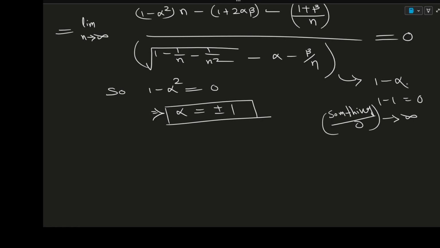So we cannot take 1 as the value of alpha here. If we take alpha as 1, then the denominator will be reduced to 0 and the function will be equal to infinity. So we can clearly see that we have to take the value of alpha as minus 1. This is the final.